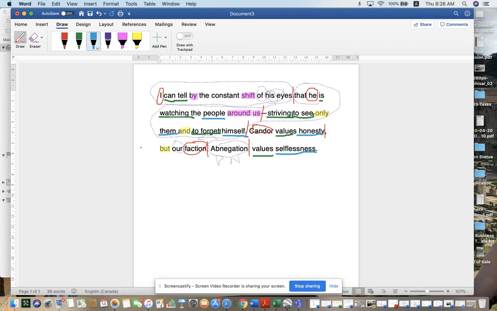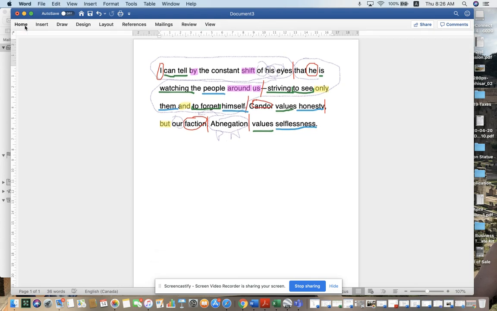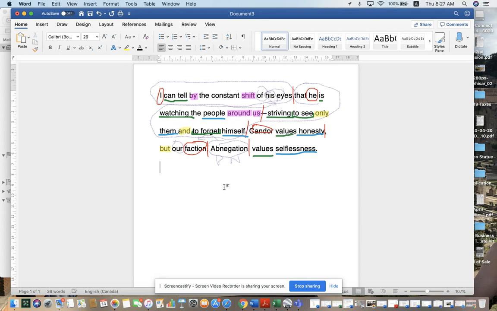Here's what Candor does, and the but has that huge effect of separation between the two ideas. Notice there's a comma as well. Why? Because after the but, we have a subject. If there is no subject after but, just like there's no subject after and, we do not use a comma. Remember that pesky Oxford comma as you keep going in your English studies. That is a very important thing to note as you go into senior high and university. Don't forget Oxford commas.